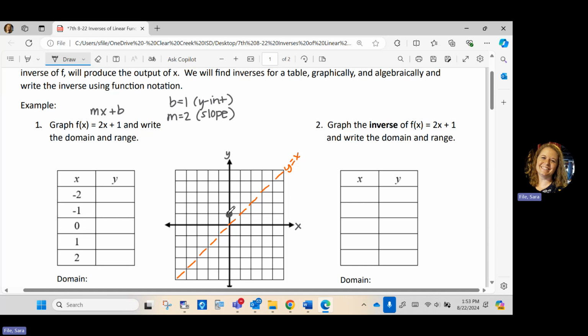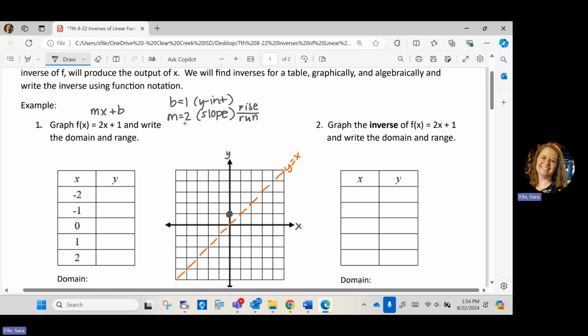What do I mean when I say count my slope? Rise over run, exactly. If you need to make a little note of that, slope is rise over run. Okay, so from that intercept that I plotted, I'm going to rise 2, because my slope is 2.